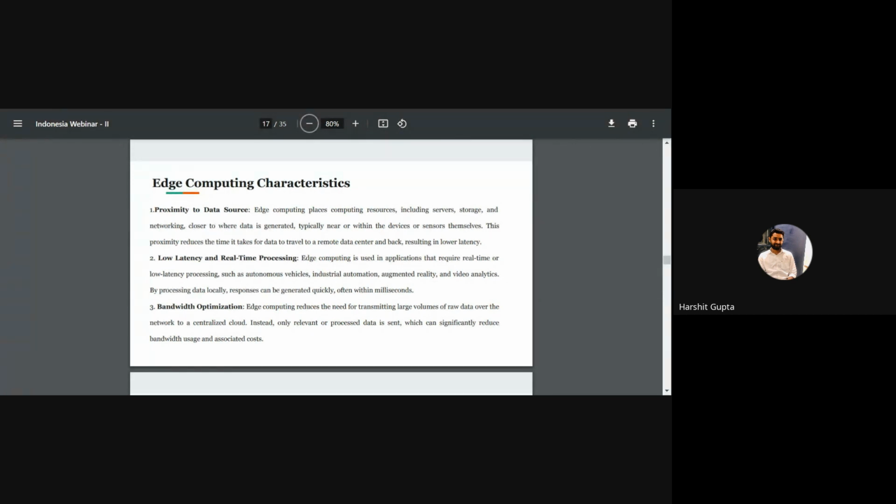Next is low latency and real-time processing. By having edge computing, the latency incurred during the computation will be less, and the processing can also be done in a real-time environment as compared to cloud services, because in cloud computing the data goes to the server, is computed, and then the result is written back.